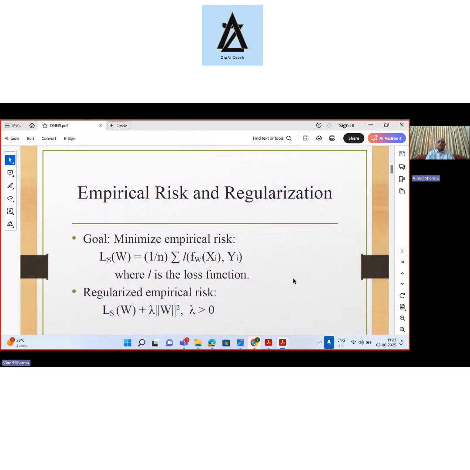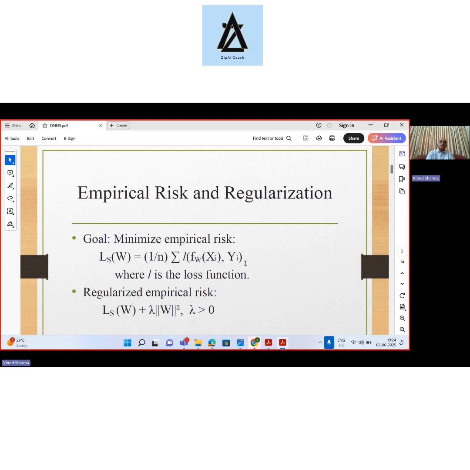In training, what we need to do is find W, which will minimize the empirical risk. For a given W, the empirical risk, which we denote by L_S(W), is 1/n Σ L(f_W(xi), yi), where L is the loss function, f_W is the input-output map for a given W. So f_W(xi) is the output of the network if we have fixed the weights W and the input is xi.